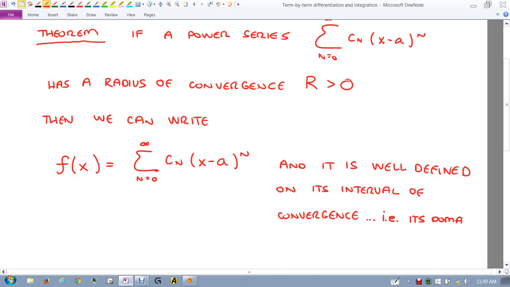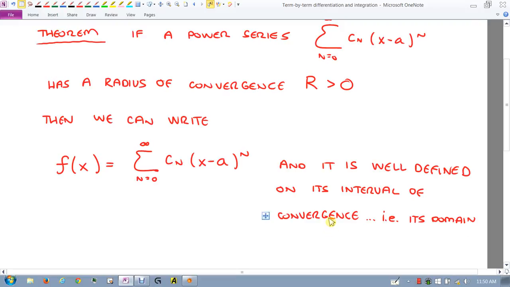All right? So what we're doing is we're saying, we have a power series. It's got an interval of convergence that's more than just a point. Therefore, I'm going to define this to be a function, and its interval of convergence is what I'm going to be calling its domain. All right?